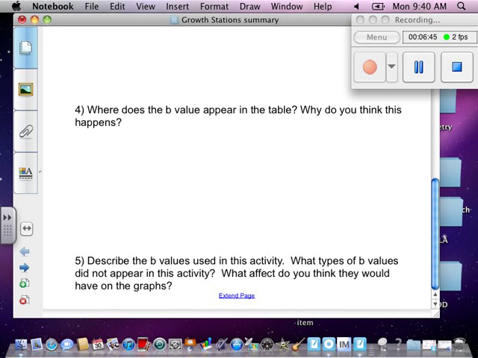Where does the B value appear in the table? Can you see it in the table? You know how when you have 0, you can clearly see the A value? Is the B value like that?